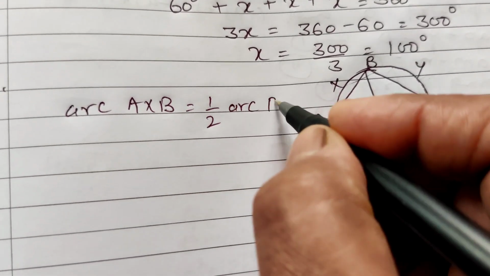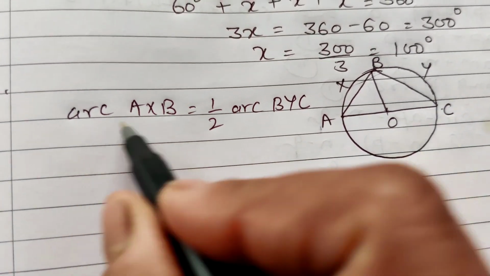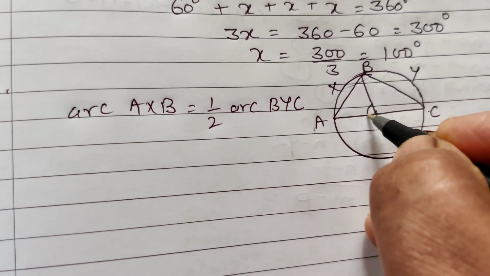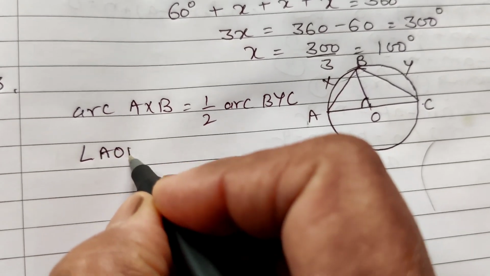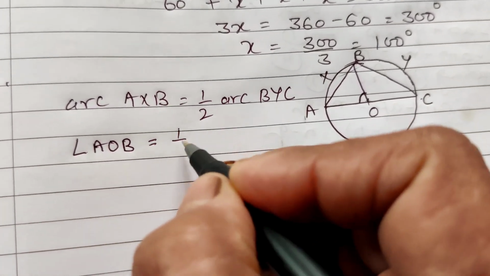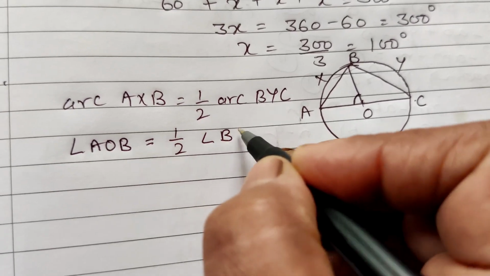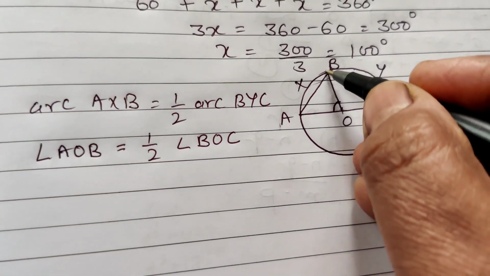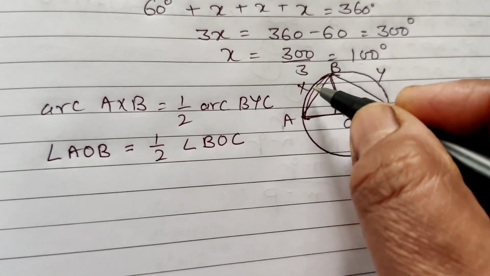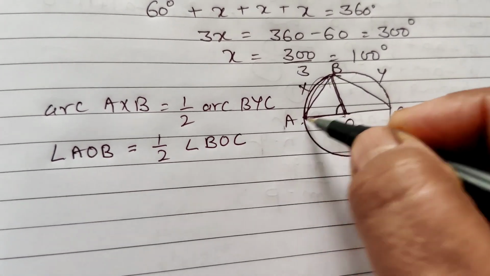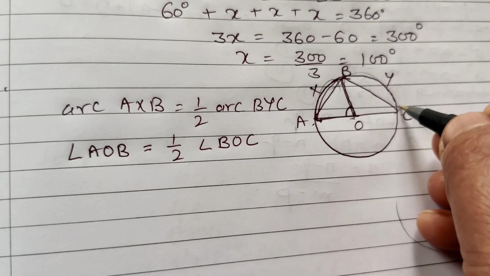The arc measurement is the angle made at the center. It means angle AOB equal to half of angle BOC. Arc measure means the angle made at the center. The arc AXB equal to angle AOB, arc BYC equal to angle BOC.